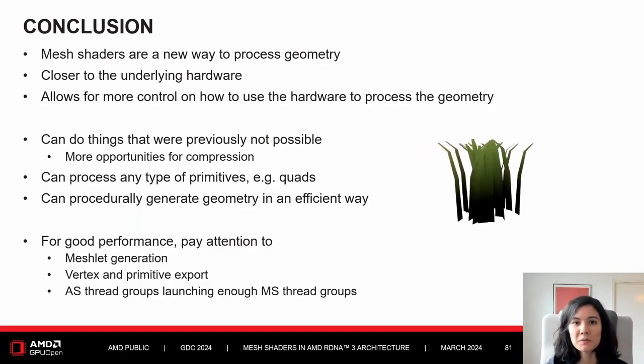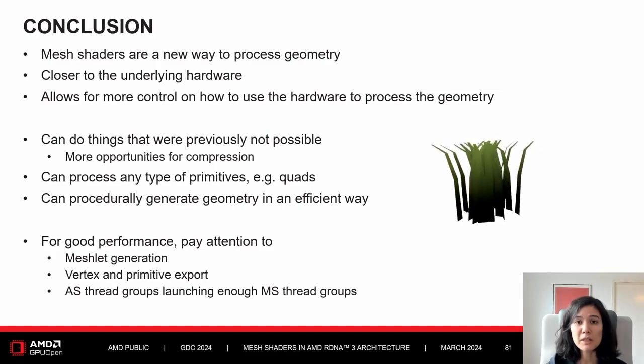This concludes the mesh shader talk. So we've seen that mesh shaders are a new way to process geometry. They are much closer to the underlying hardware and also give more control in how we use this hardware to process our geometry. We can do things that were previously not possible. For example, we can compress our assets in a way that we couldn't do when using vertex shaders. We can also process any type of primitives.